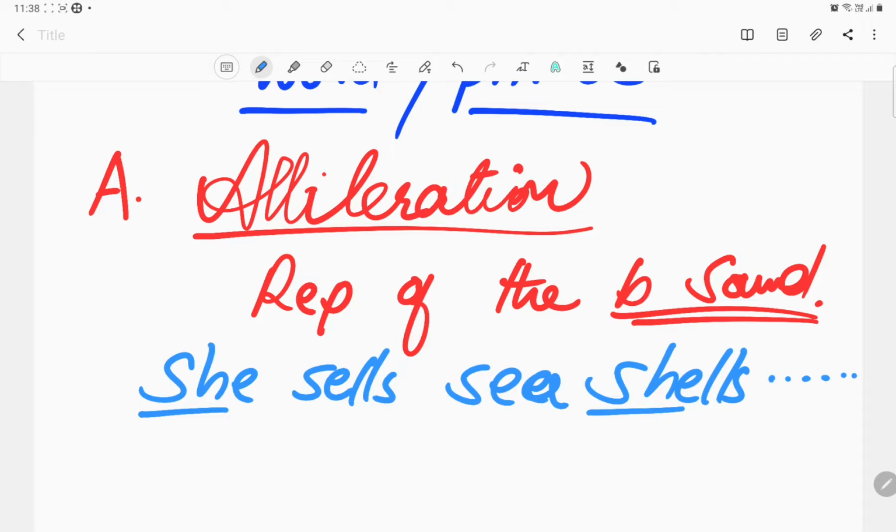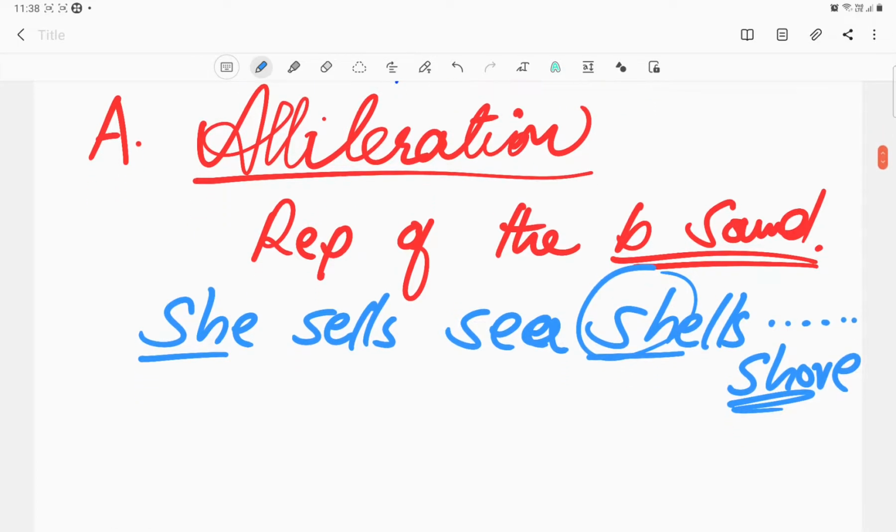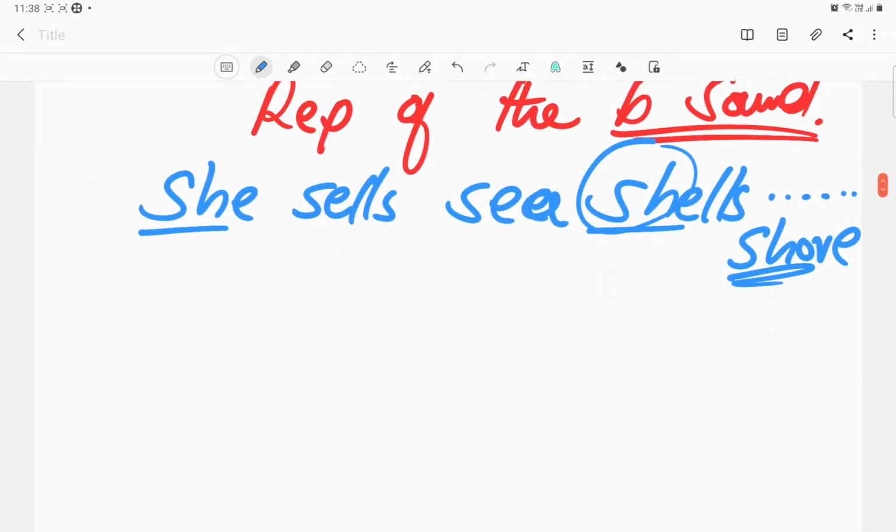The beginning sound is being repeated here in the seashore. Again, shore. See that sha, sha, sha is repeated. So that gives beauty. Now again, brain and brown to the highest bidders. Brain and brown. So that bra, bra is being repeated. So they are called alliteration. The beginning sound is being repeated.